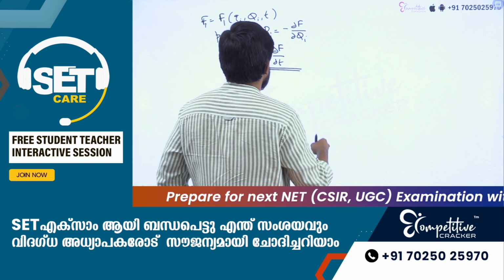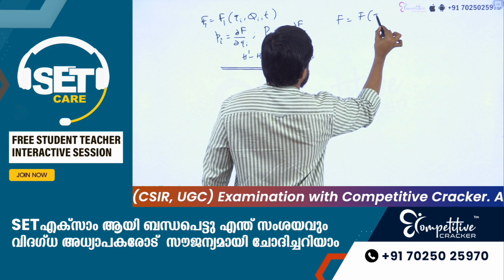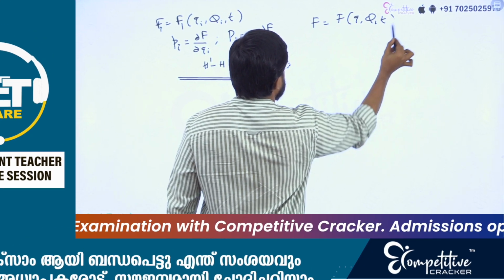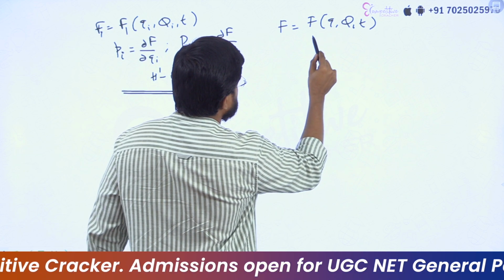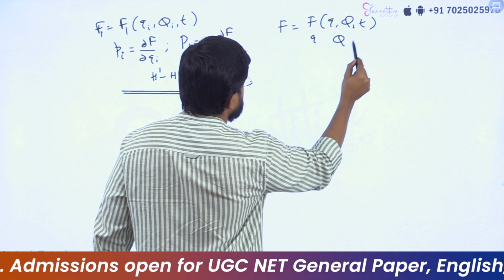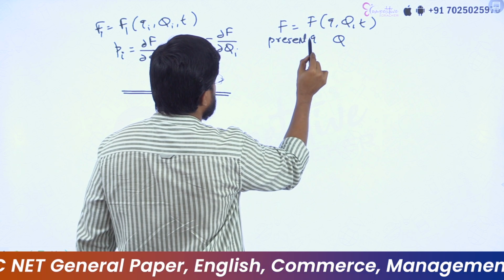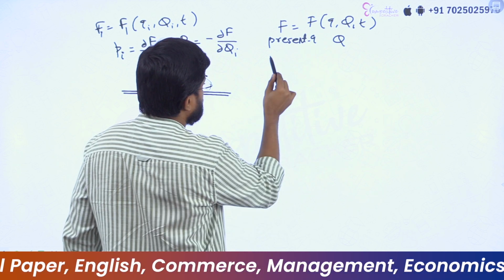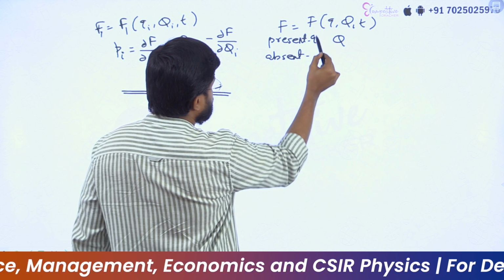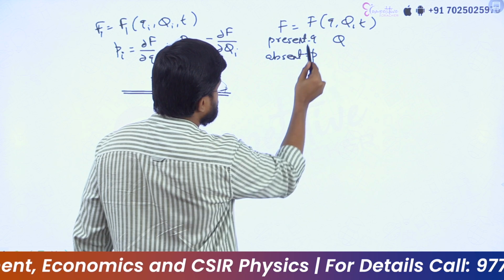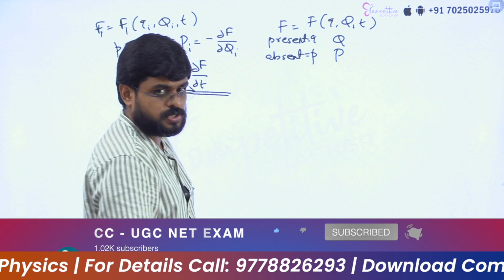So here, F is equal to F of q, Q, t. This was our function. So what is present? Small q and capital Q are present. And what are absent? Small p is absent and capital P is absent.